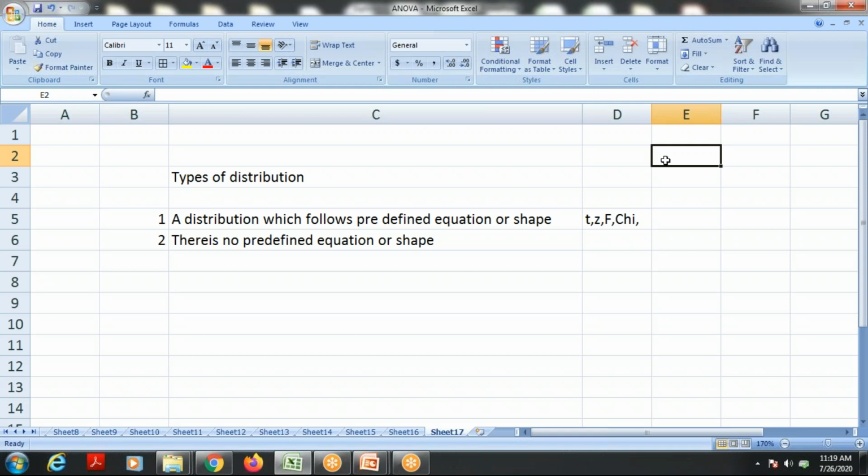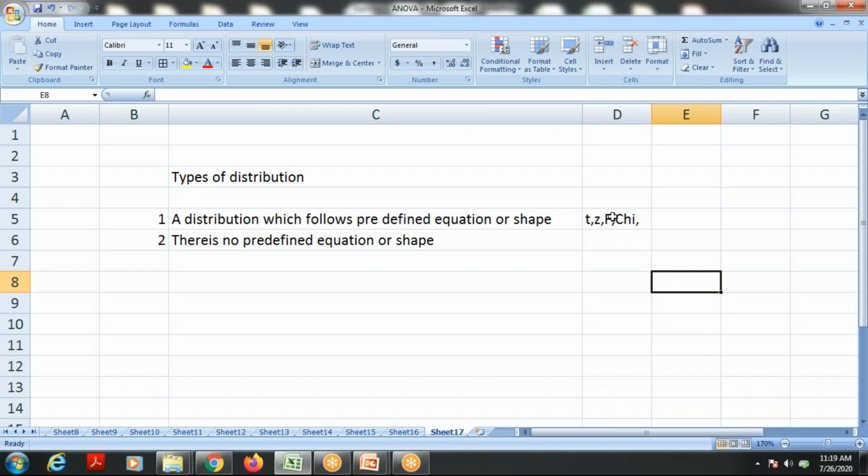So this is called predefined. That means those distributions for which we have a table available.